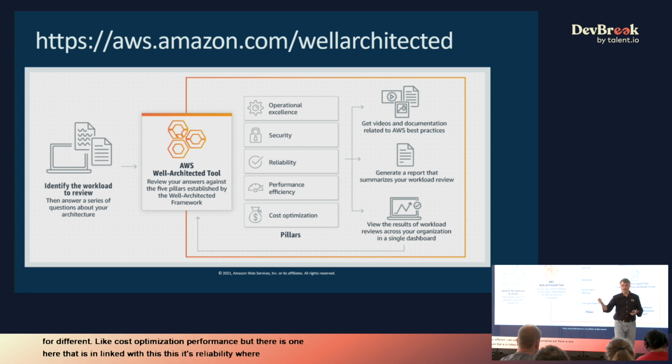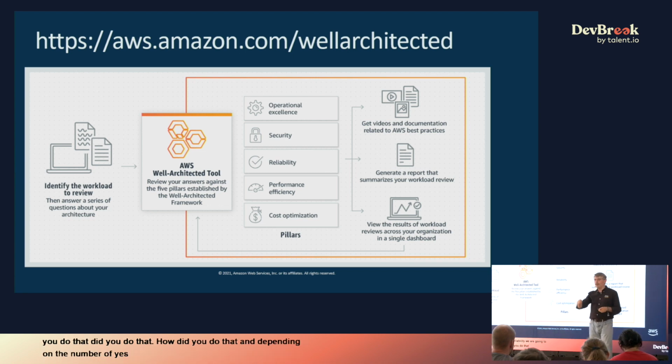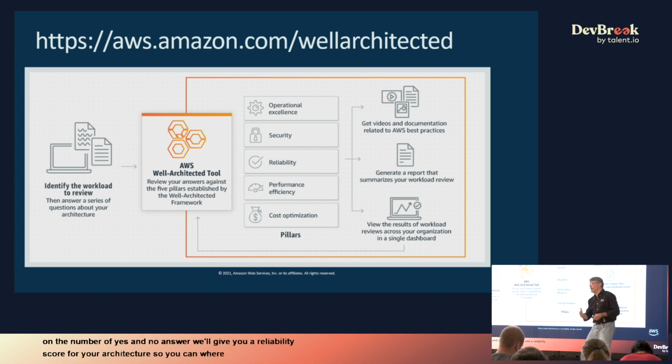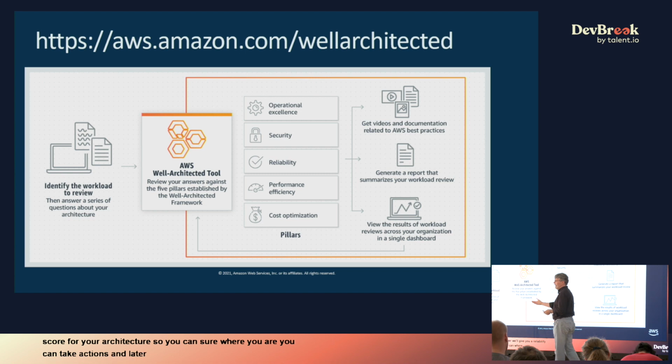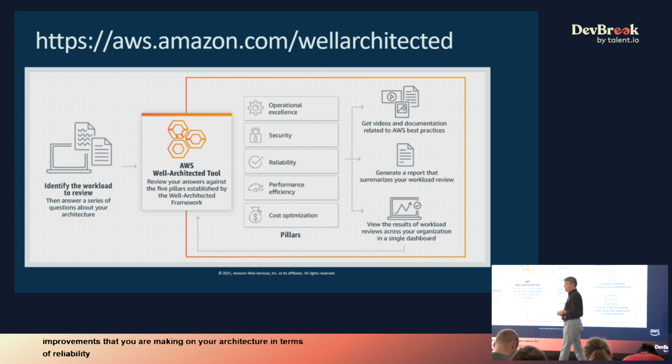We are going to ask you a question. Did you do that? How did you do that? And depending on the number of yes and no answers, we'll give you a reliability score for your architecture. So you can measure where you are, you can take actions, and later measure the improvements that you are making on your architecture in terms of reliability.